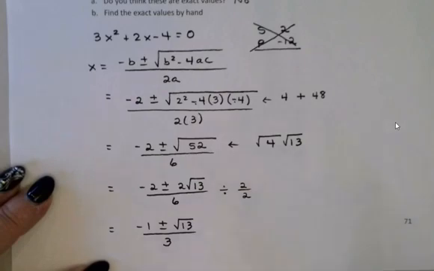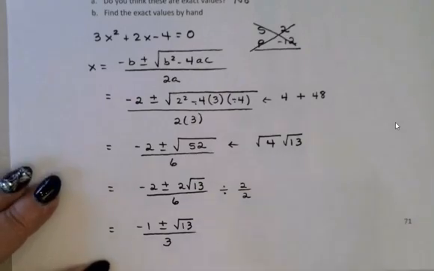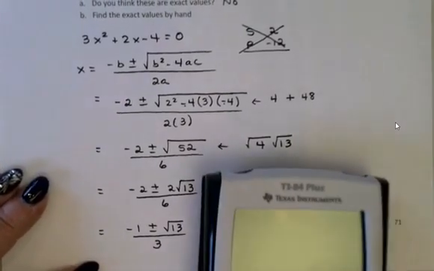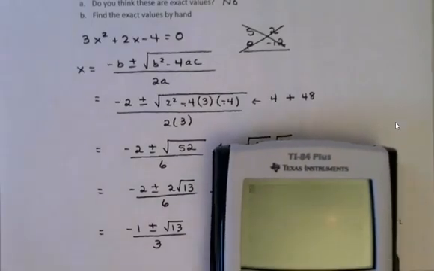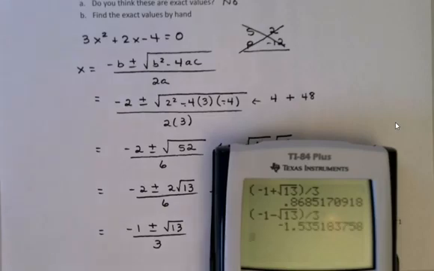Let's just check that out and verify that I get the same decimal approximations that we got from our graph. If I take negative 1 plus the square root of 13 and divide by 3, I get 0.869 approximately. And if I take negative 1 minus the square root of 13 divided by 3, I get negative 1.535.